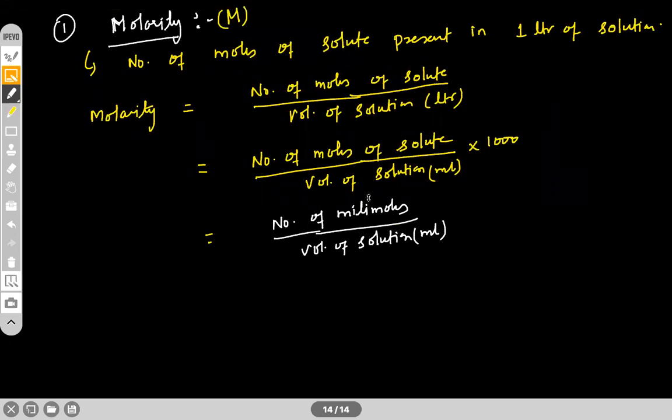One milligram. See, 1 milligram, if you convert into gram, what will you write?